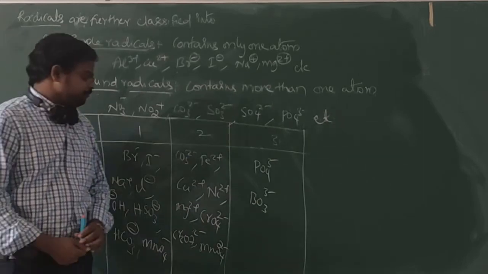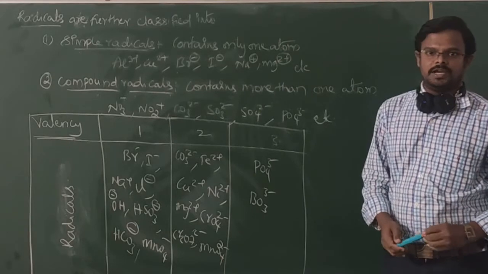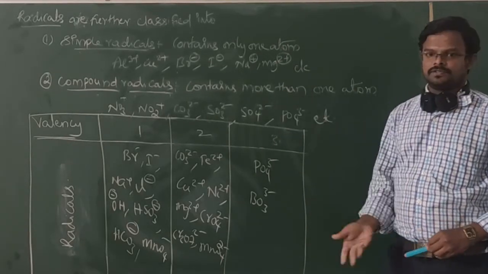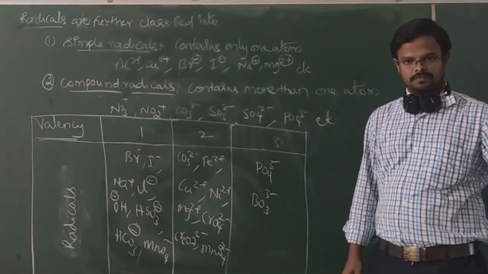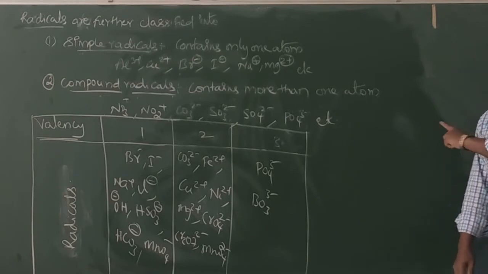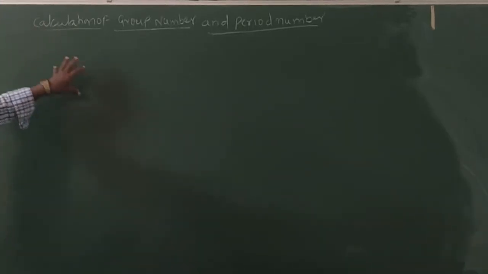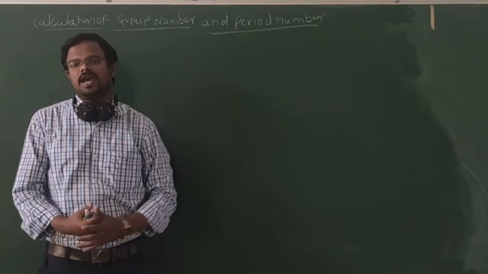In the last class we discussed groups and periods. Next, how to calculate the group number and period number using the electronic configuration of an element. Take S block elements first. How to calculate the group number and period number by using electronic configuration?